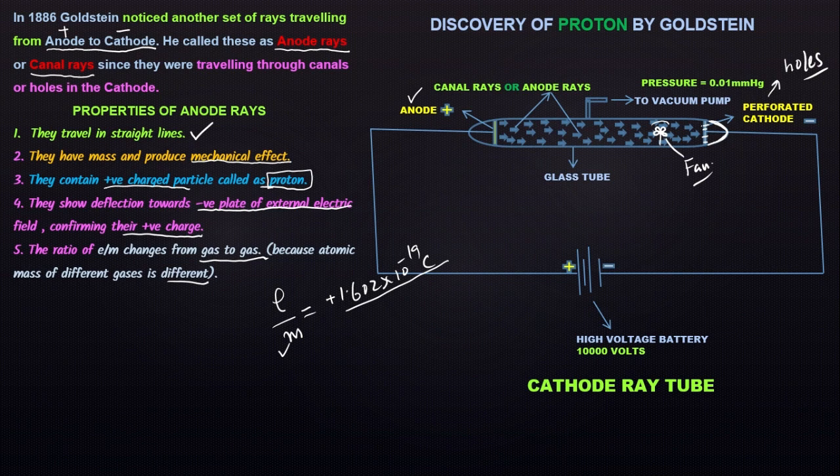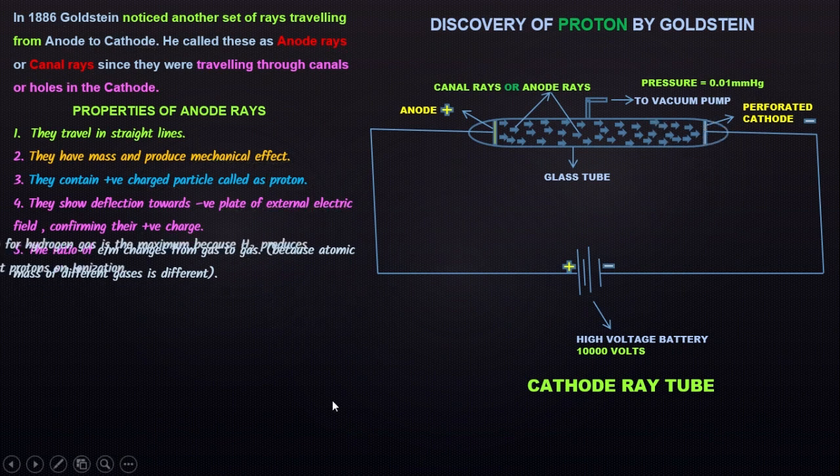Suppose you use hydrogen gas, the mass of hydrogen gas will be just 2 grams, or we can say 2 units. But if you change this hydrogen gas with oxygen gas, that is having a different mass. So every time the mass of the particle will change when you change the gas. That means the e by m of proton is always changing because of different masses of atoms of different gases. Okay, so this will always change.